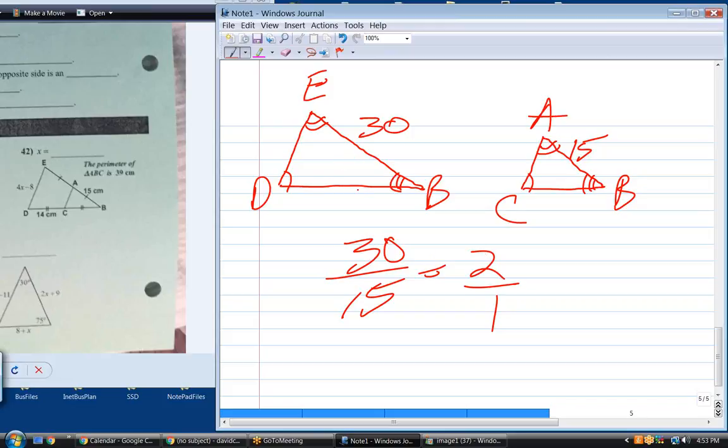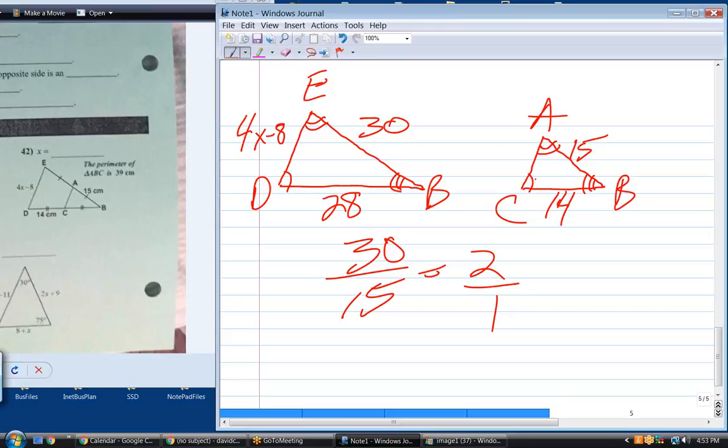In other words, what is the dimension of CB? 14 centimeters. And DB? 28. And this is 4x minus 8.